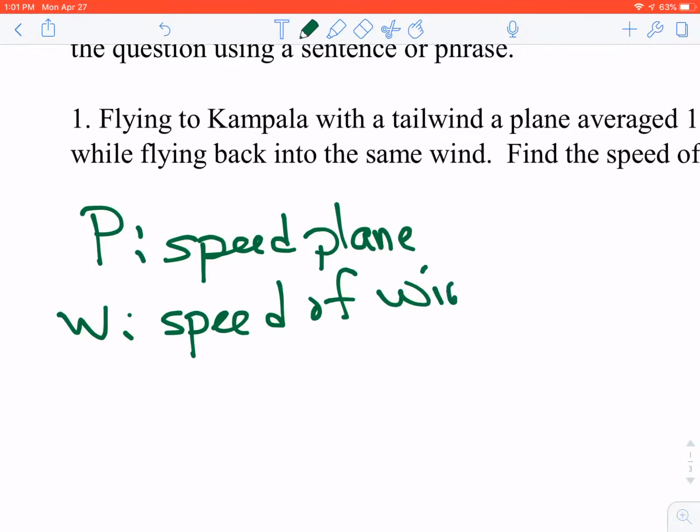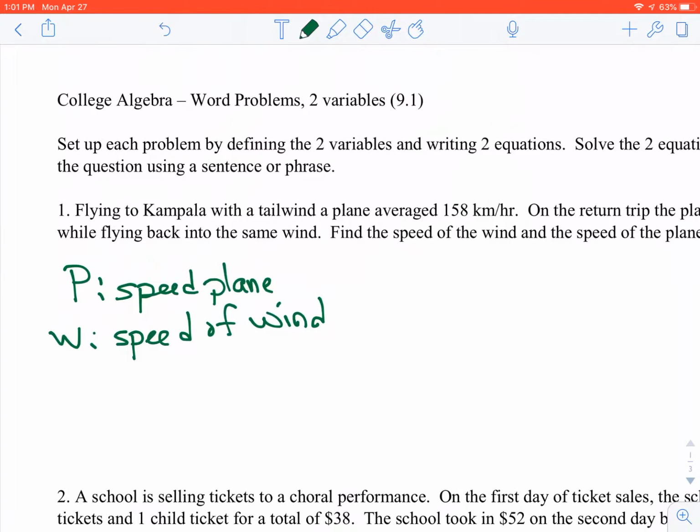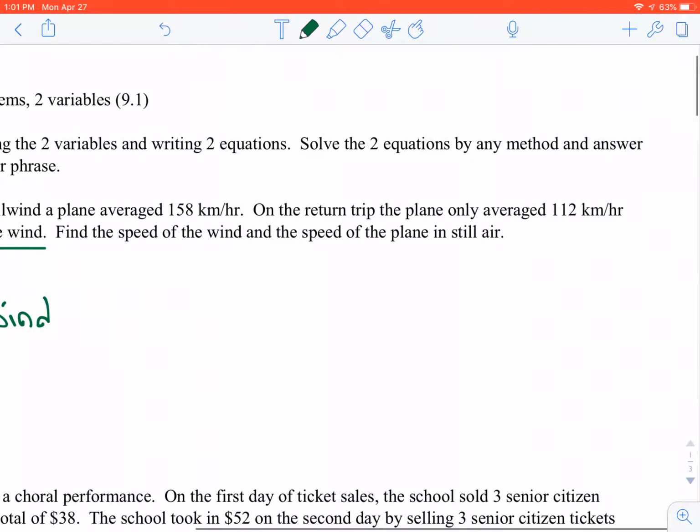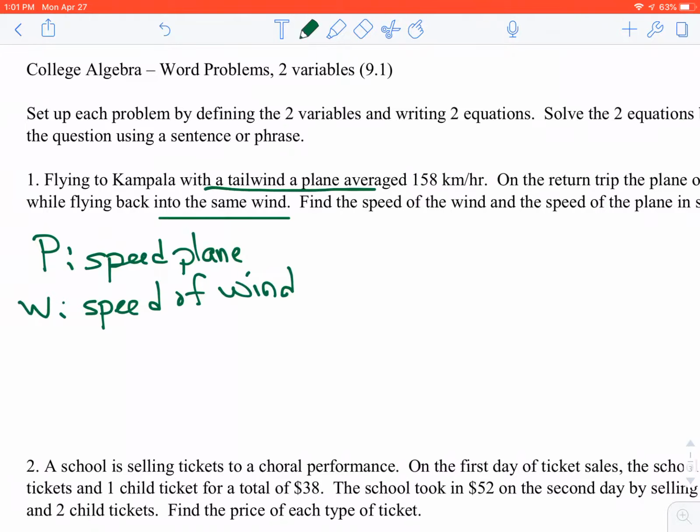Okay, so if there's a tailwind, does that mean you're going faster? Wait, on the return trip. Oh, so with a tailwind, the plane averaged 158. Does the tailwind mean I'm going faster or slower with the wind?